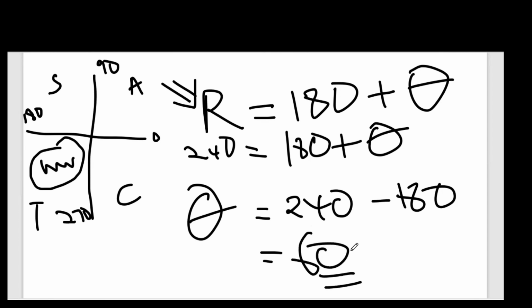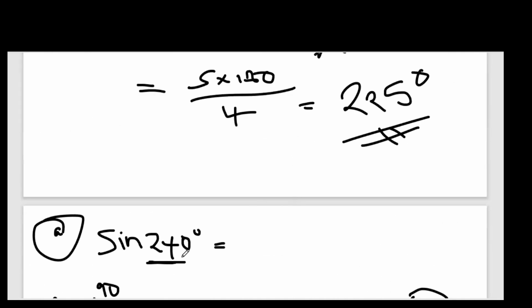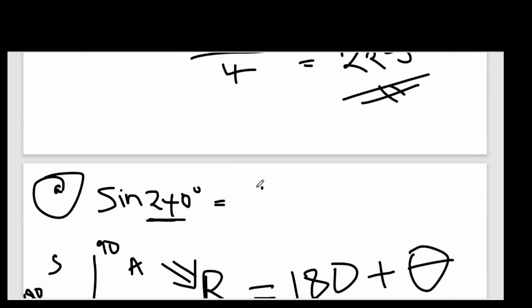And we know the value of sine 60 because 60 is a special angle. That's the reason why we are doing those special angles. If you didn't watch the special angles video, go and watch it. So it means this sine 240 is the same as sine 60.